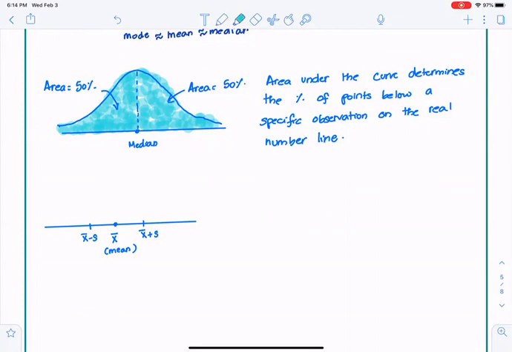And according to the empirical rule, the percent of observations between those 2 points is 68%. So that's what the rule suggests. So if I drew a bell curve between those 2 points, I will have 68% of the data.